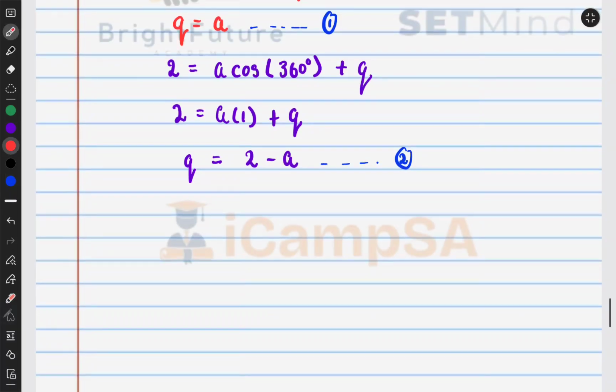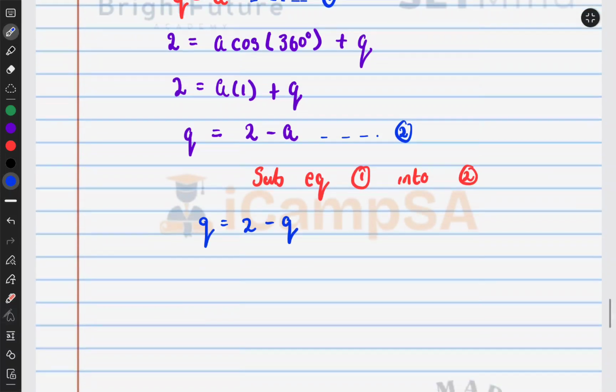And then what do we do? We substitute equation 1 into 2. Since we are solving these equations simultaneously, we have q is equal to 2 minus a. What is our a? a is also equal to q. Therefore, taking the q to the other side, 2q is equal to 2.